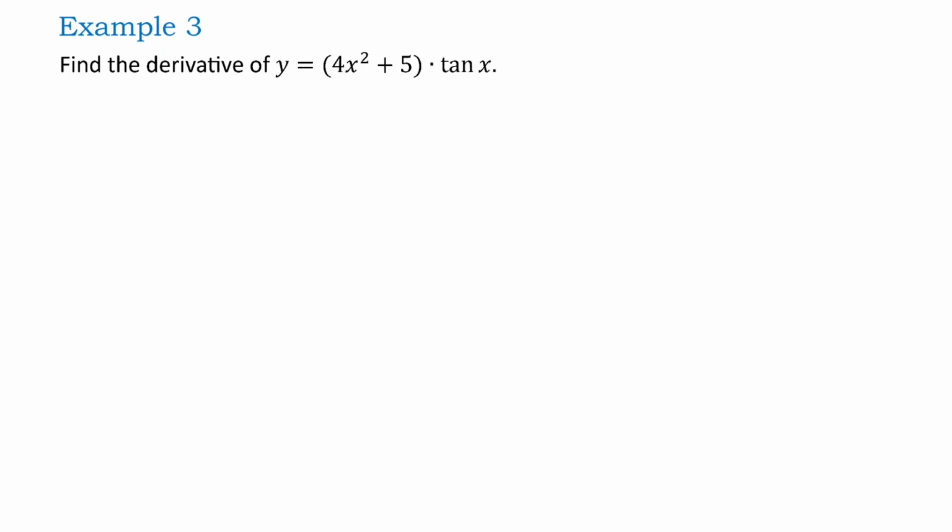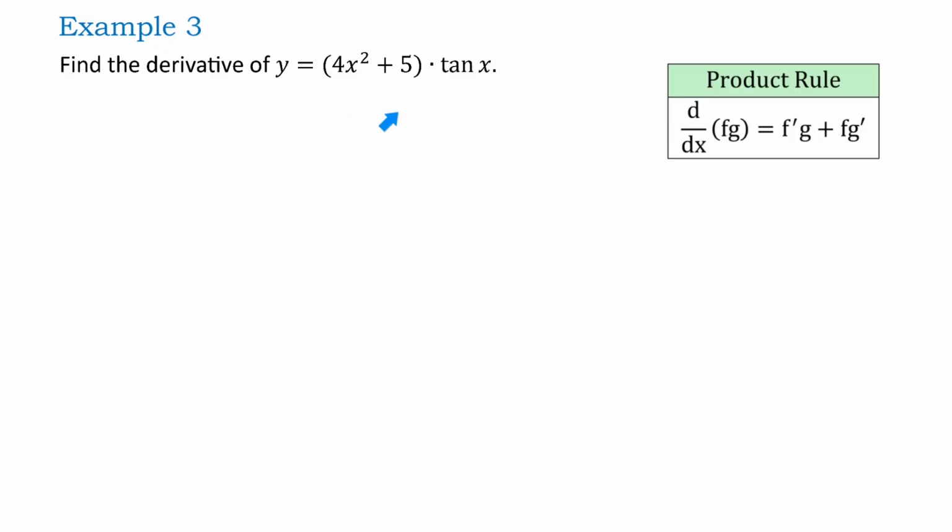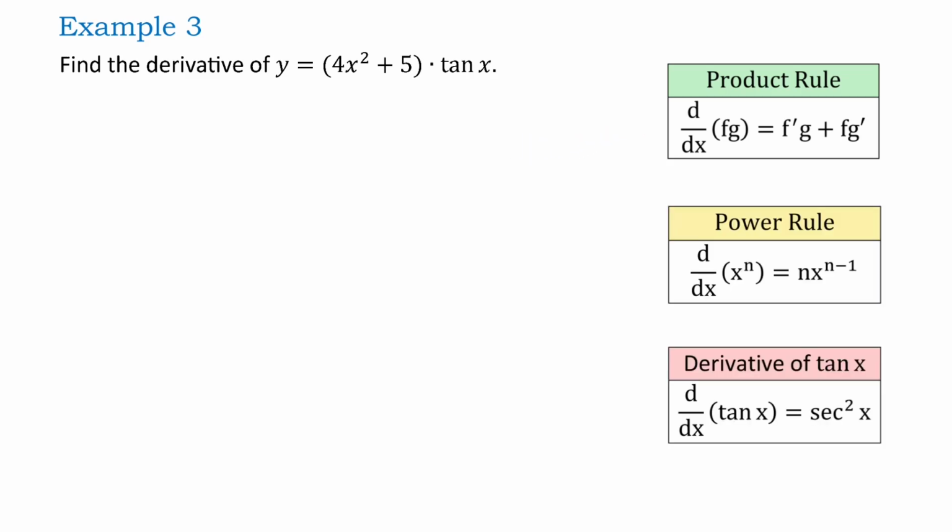In the third example, we will find the derivative of 4x squared plus 5 times tangent of x. And again, because we have a product, we will use the product rule. And besides the product rule, we will also use the power rule and the derivative of tangent of x. So then, let 4x squared plus 5 be the f function and tangent of x the g function.